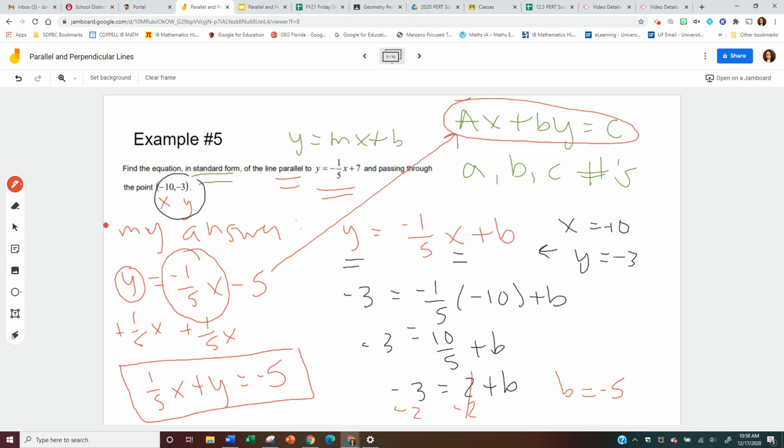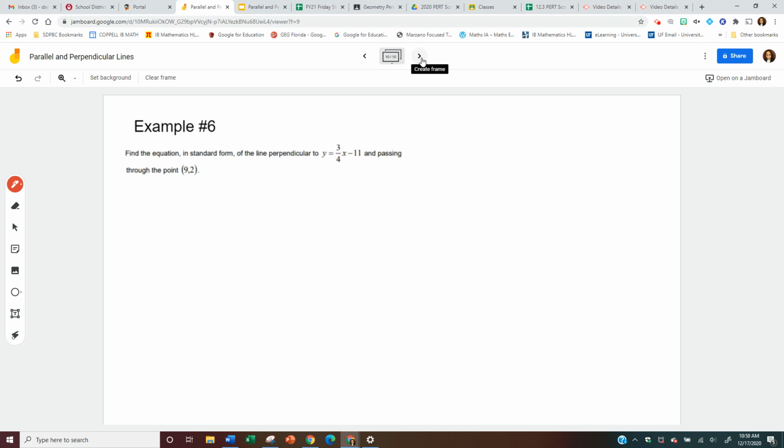If this part over here confused you, don't worry about it too much. If you can understand how to get to b, that is what's really important for right now. We're going to look at another example that kind of looks similar. Okay, we want to find an equation. We also want this to be in standard form, so this needs to be in Ax plus By equals C form.